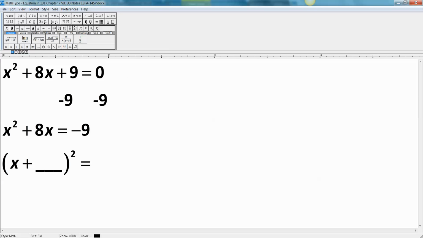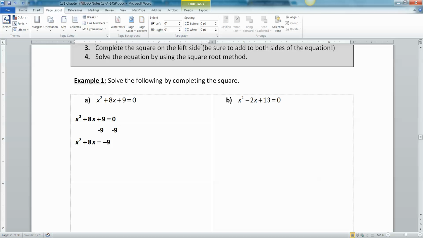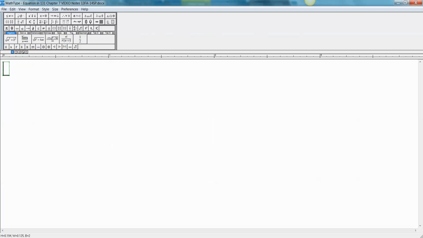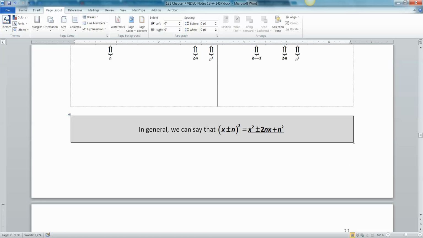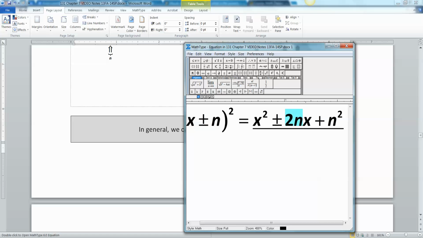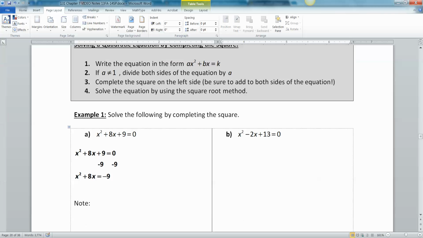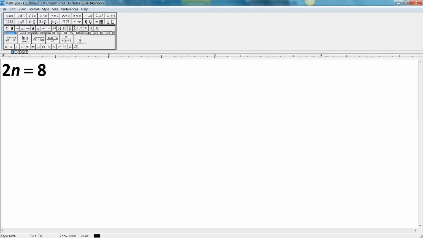So actually, I want to cut some steps out here. So hold on one second. Okay, there we go. And then I'm going to say note. Okay, so 8 is equal to 2n, right? Because your middle term is that 2n value, if it's a complete perfect square. If it's a perfect square, the middle term is the 2n value. Okay, so let's look it over. If that's the case, then n is 4, right?